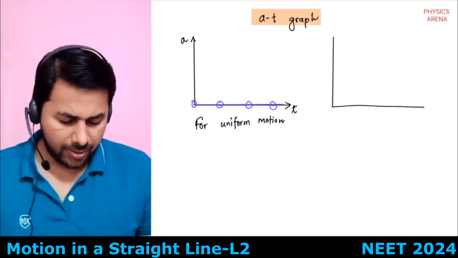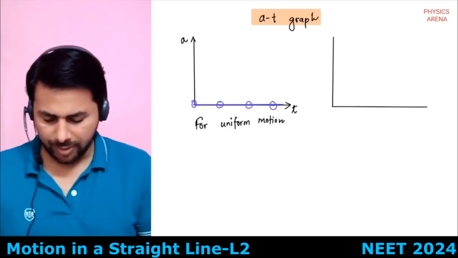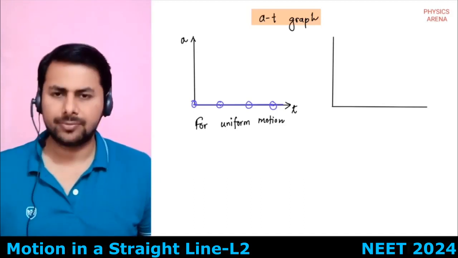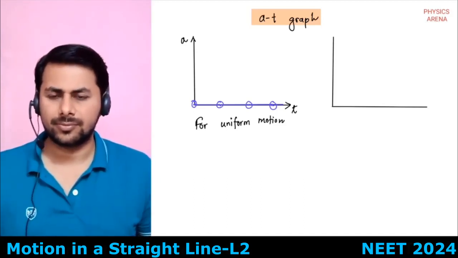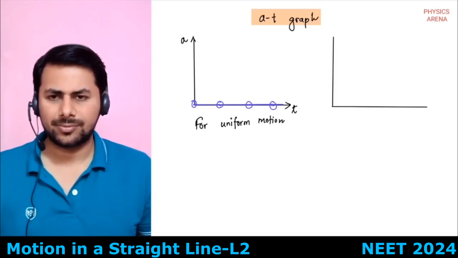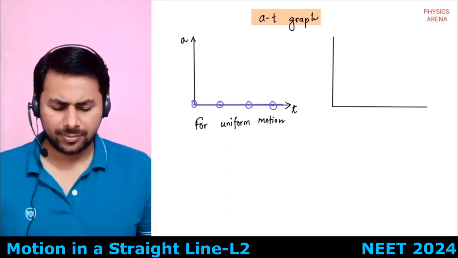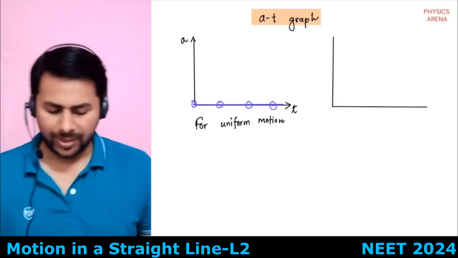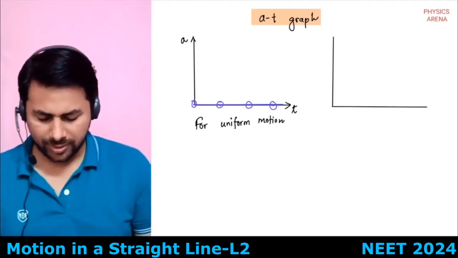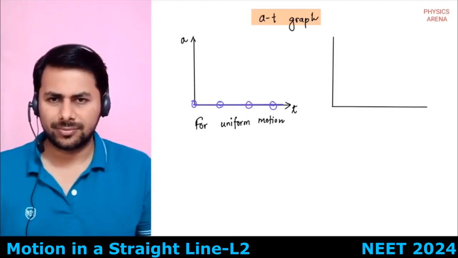Now for uniformly accelerated motion, how will the graph look like? Straight line with positive slope. Straight line passing through origin, sir. No. Okay, passing through origin, but this one is also passing through origin. Positive slope, sir.